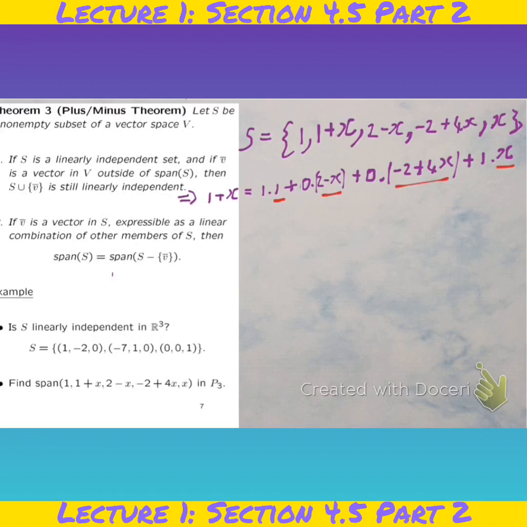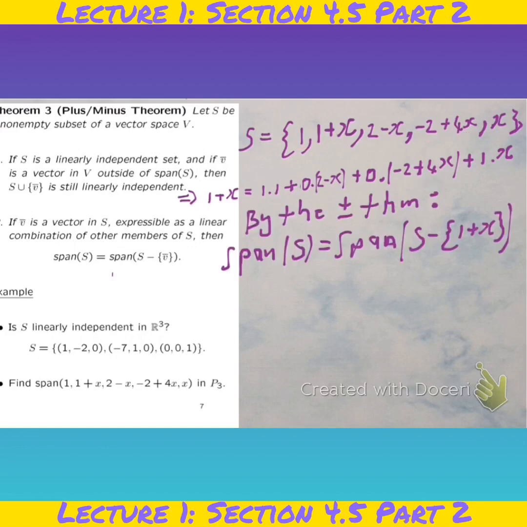Okay, there we go. So that is that. So the plus-minus theorem says I can remove 1 plus x without influencing the span. So the span of S is therefore the span of S minus that vector that I've shown to be a linear combination of all the other vectors.